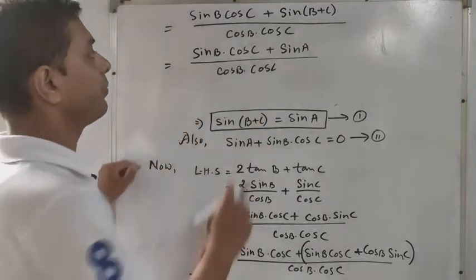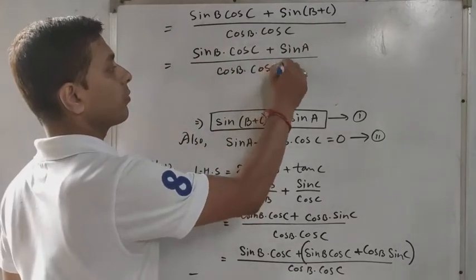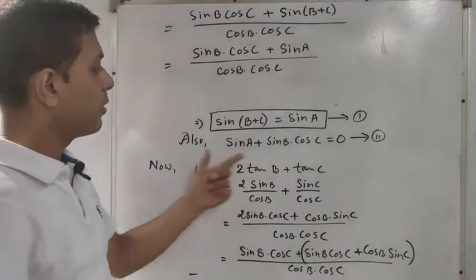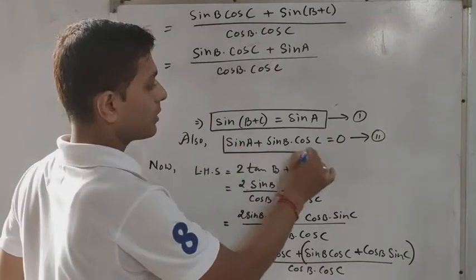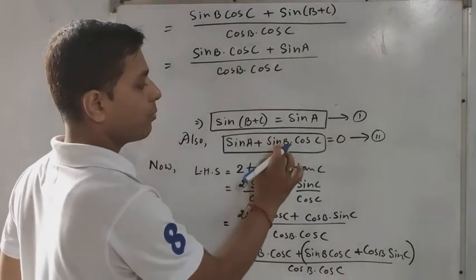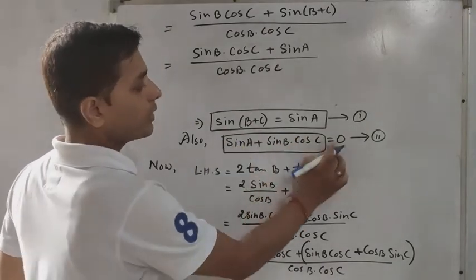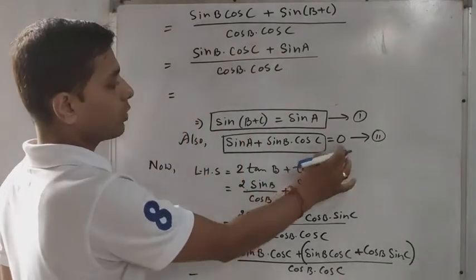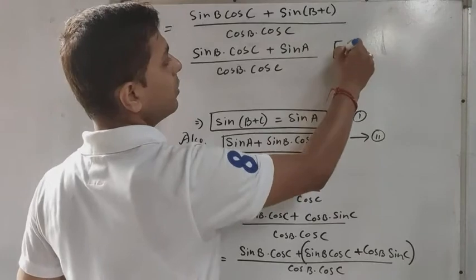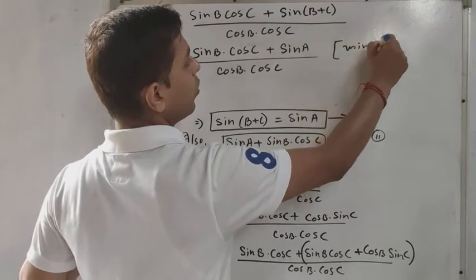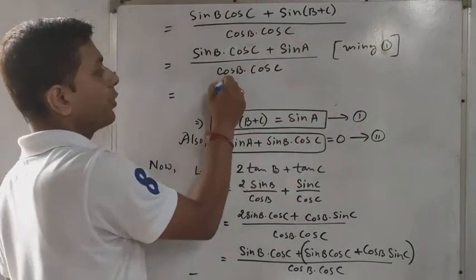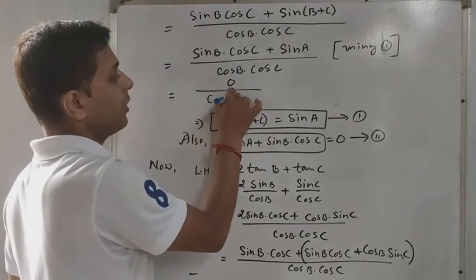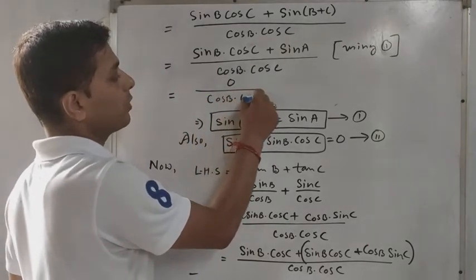Now look at sin b cos c plus sin a, which is equal to 0. So the numerator part is 0, using equation number 2, applying it here. So it is 0 by cos b into cos c.